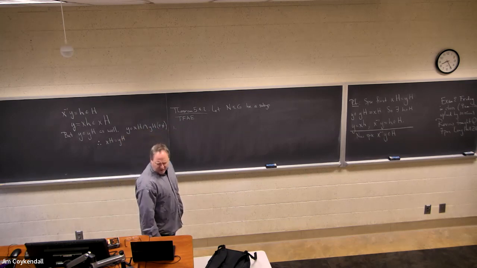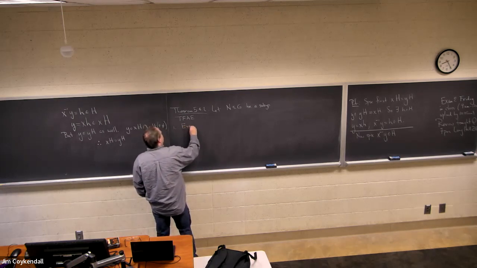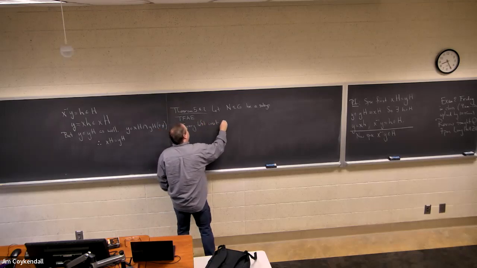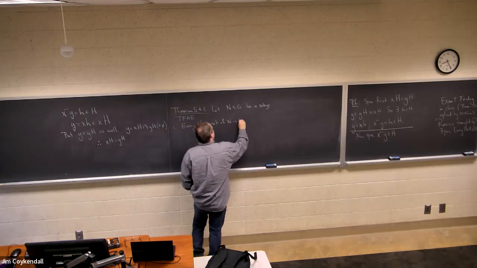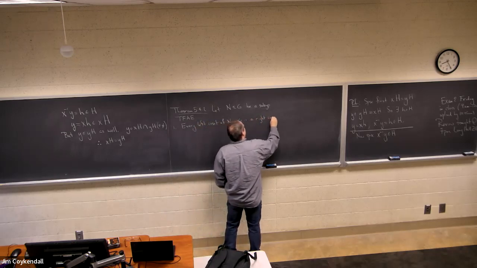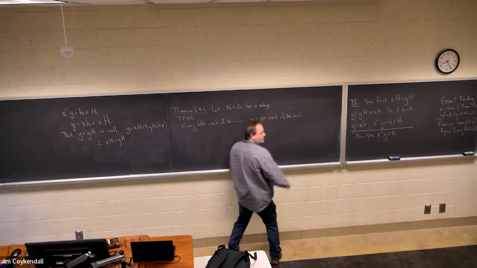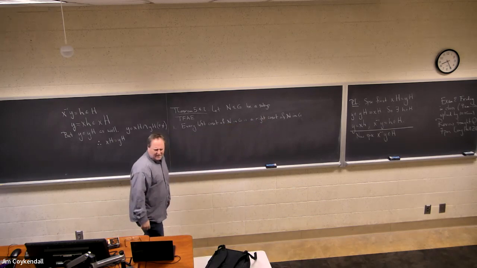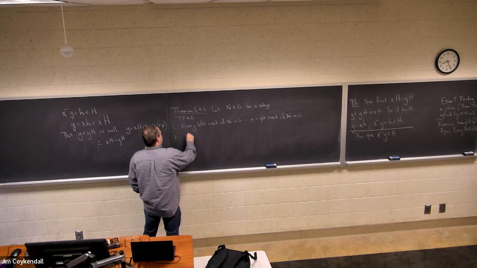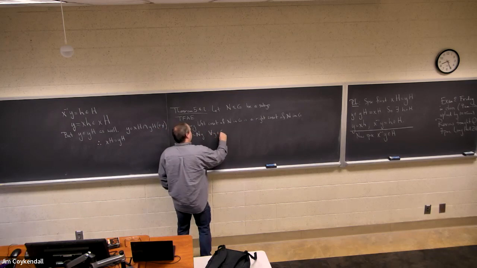1: Every left coset of N is a right coset of N. 2: gN equals Ng for all g.